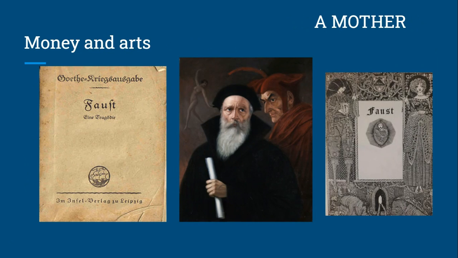They can be very, very different, because, for example, when I read A Mother, I took two elements, money and art, and it made me think immediately about the legend of Faust, this German legend that is related with the book Faust by Goethe, and this idea of selling the soul of an artist.